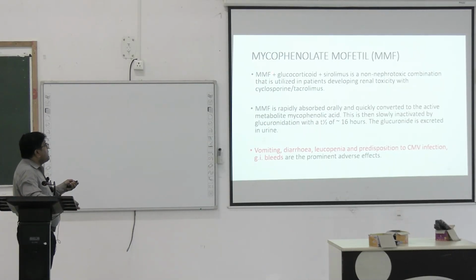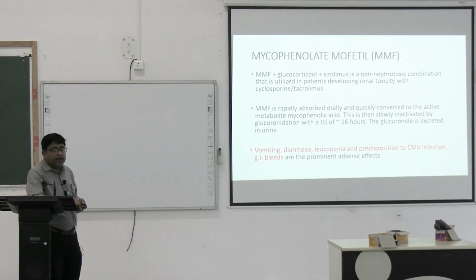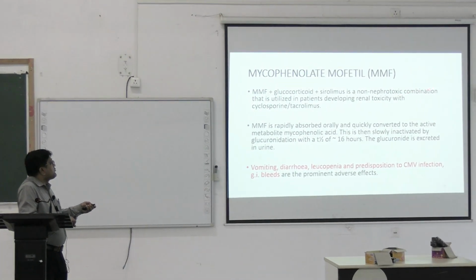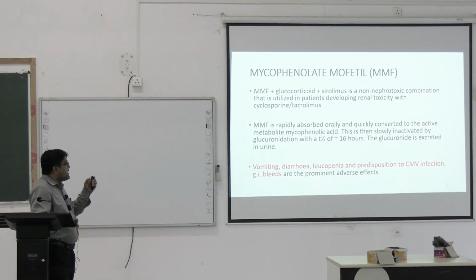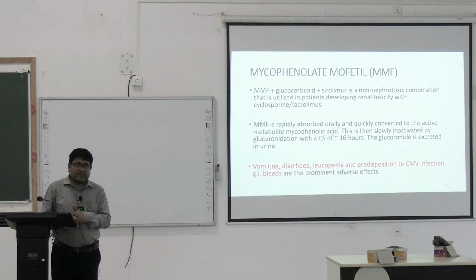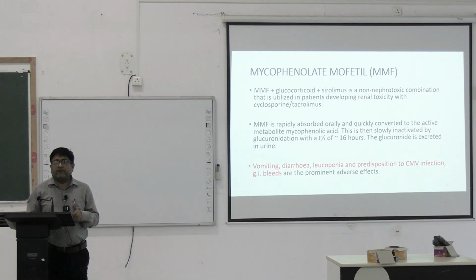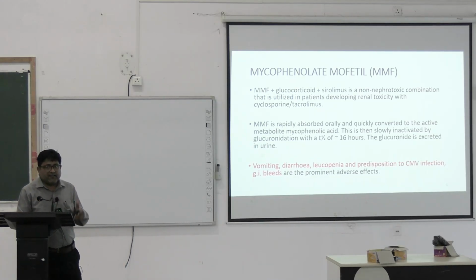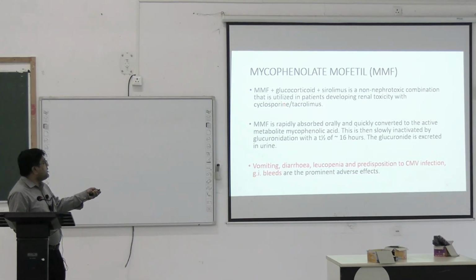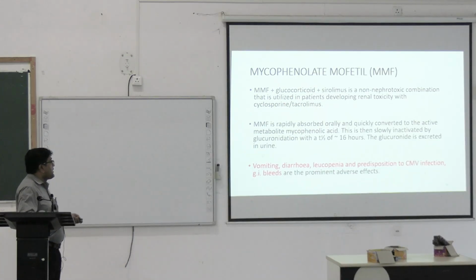Now, MMF, glucocorticoid, and sirolimus. This is a non-nephrotoxic combination that is utilized in patients with renal toxicity with cyclosporine or tacrolimus. Generally, cyclosporine is preferred, but where the patient has developed renal toxicity, the cyclosporine can be changed with sirolimus.